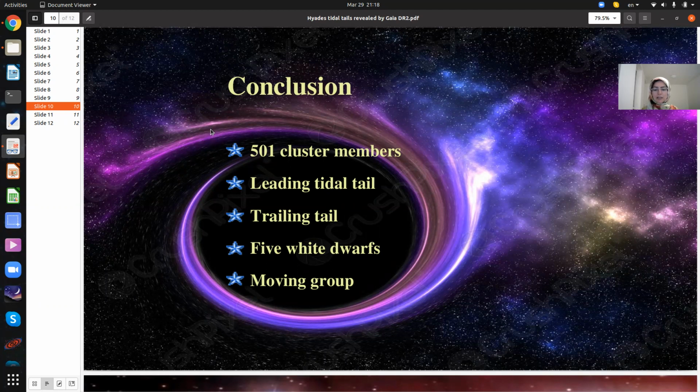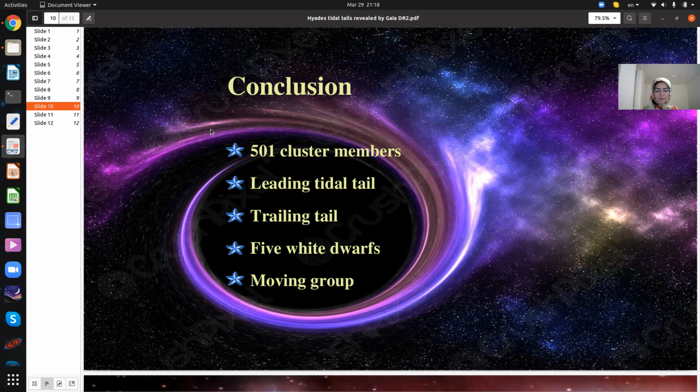A leading tail extending up to 170 parsec in the direction of galactic rotation with 292 stars and 36 contaminants, and a trailing tail up to 70 parsec from the center of the cluster with 237 stars and 32 contaminants.